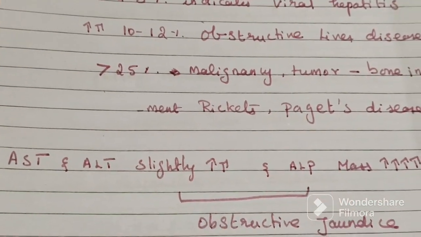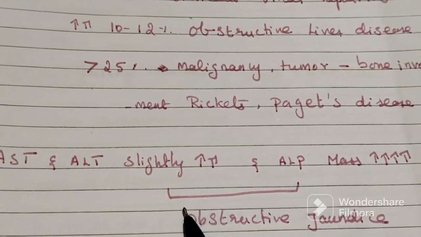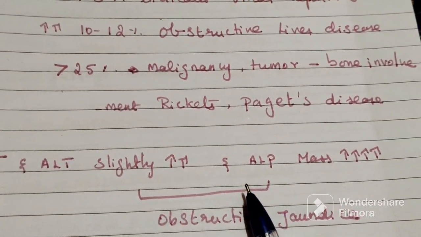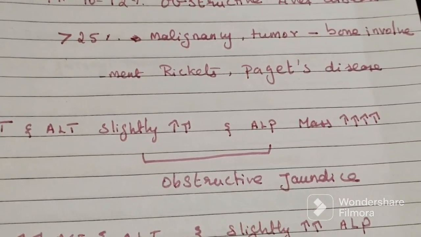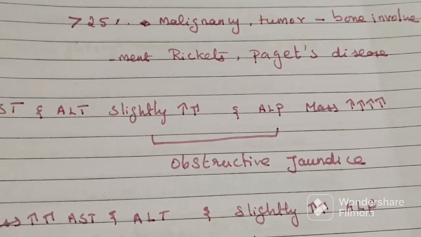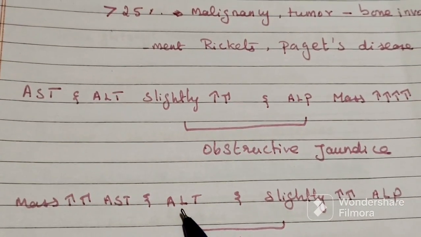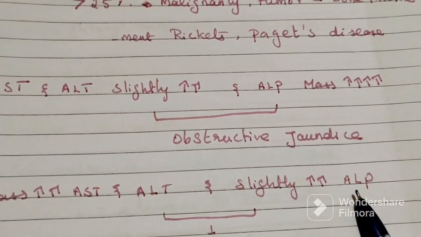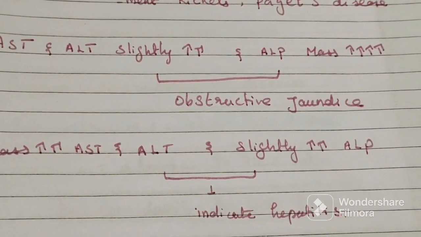If AST and ALT levels slightly increase and ALP is markedly increased, this indicates obstructive jaundice. Marked increase of AST and ALT and slight increase of ALP indicates hepatitis.